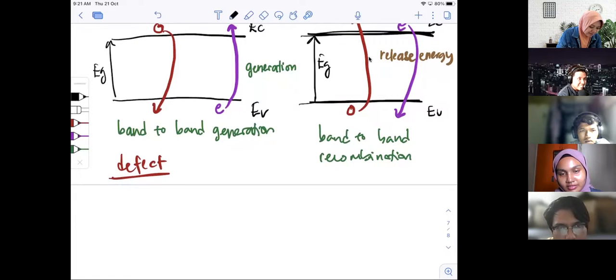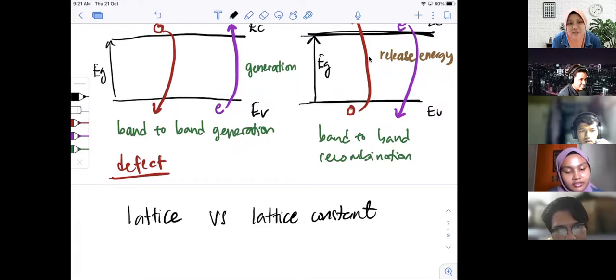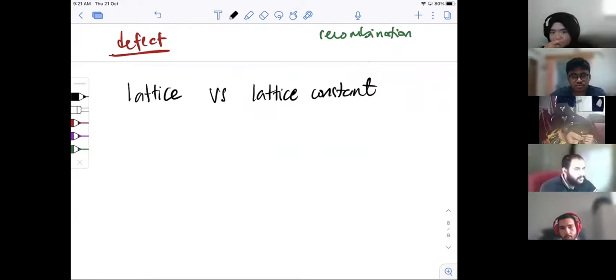After this we will learn what lattice is. Thank you for bringing that up. So we won't learn about defect first. Let's learn about lattice and lattice constant. What is lattice? What is lattice constant? Try to Google now.